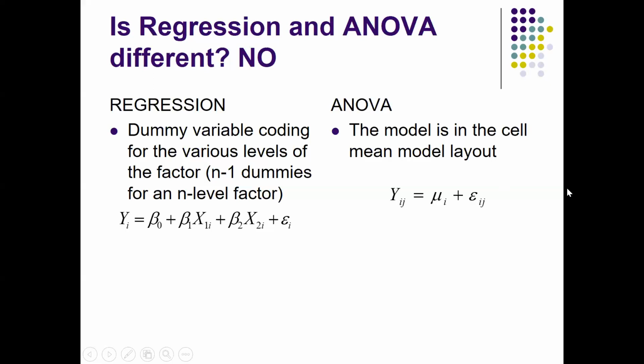This is what we call the cell mean model. When we fit the ANOVA, we're really fitting this model where we are interested in estimating the mean per level of the explanatory variable. The algorithms you fit, SAS, Stata, R, SPSS, are really fitting this model. So algorithmically, this model is being fit by the software.